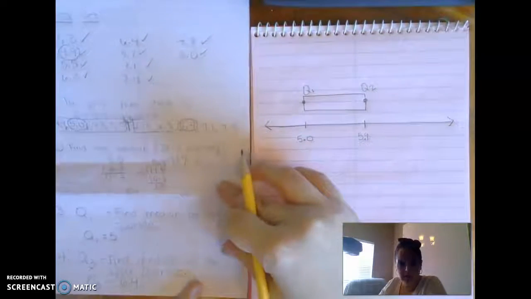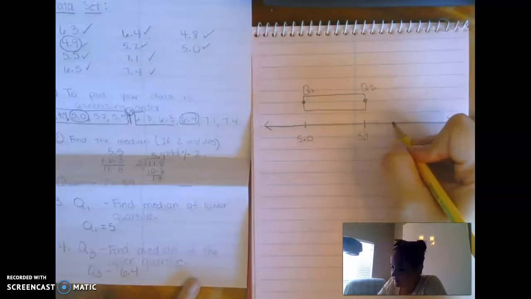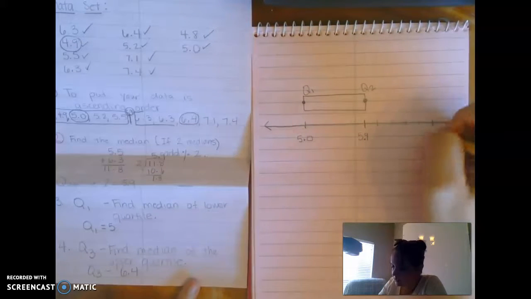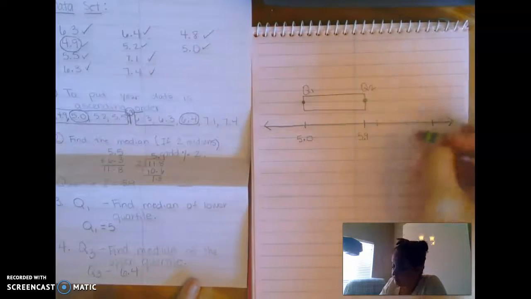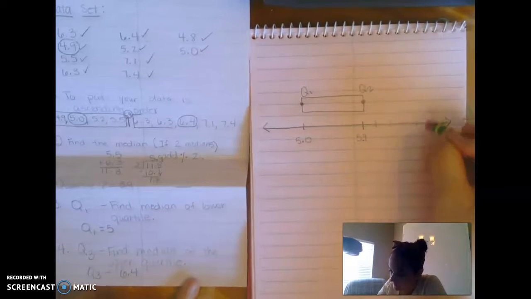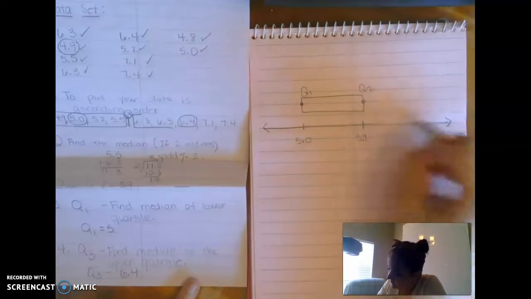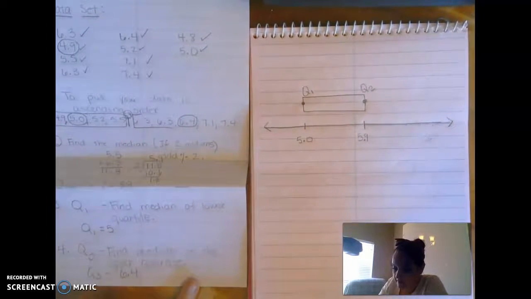And then now plot Q3, 6 4/10. This would be about 6, 6 1/10, 6 2/10, 6 3/10, 6 4/10. We'll scoot them over a little bit, because my scars is going to run out of room here. Because I have to go all the way up to 7 4/10.